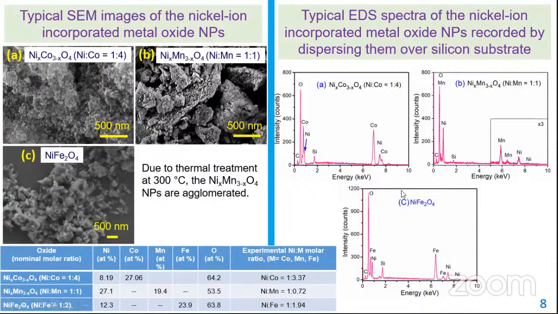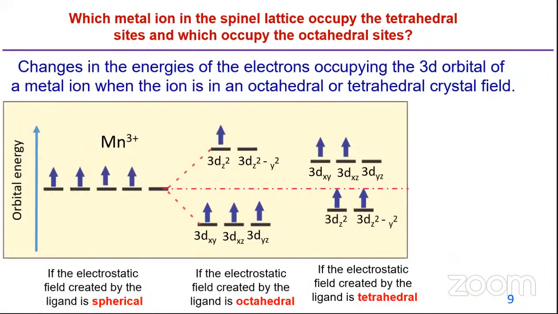However, in the case of nickel ferrite, we used a 1:2 nickel and iron ratio, and we are getting 1:1.94. It's very close to the nominal composition. However, in the first cases, as we expected, their EDS estimated compositions are a little bit away from their nominal composition.